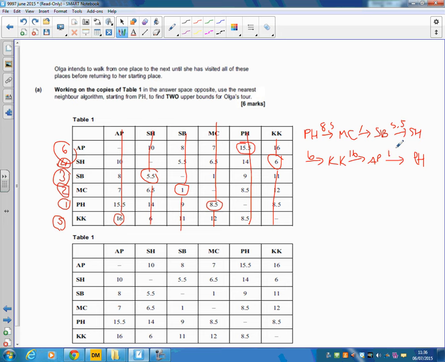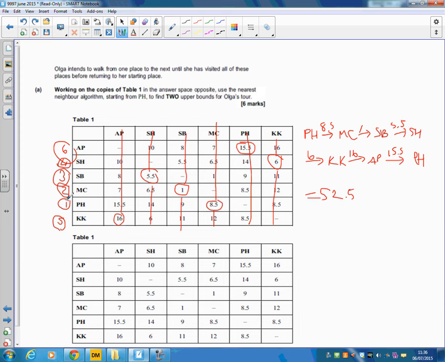So that's taken 15.5. Now, you'll know you're right, because when you look at your table, you've got 1 circle in each row and each column. So you've got 6 circles in total because you had 6 places that you wanted to visit, but you've got 1 in each row and each column. So if we add these up, I think this comes to 52.5 minutes. So 52.5.